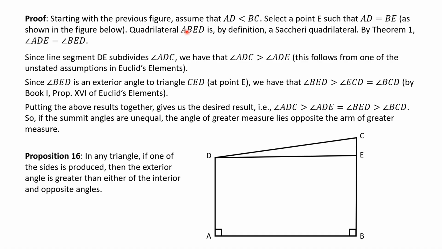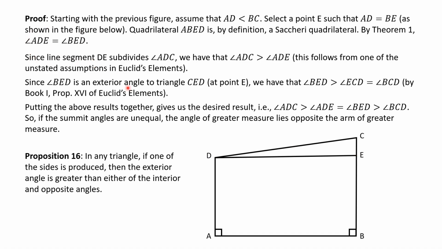The quadrilateral ADEB is by definition a Saccheri quadrilateral because we have 2 right angles here and here, and the side AD is equal to EB by definition of where we placed E. And by theorem 1, we know that the angle ADE is equal to the angle BED.